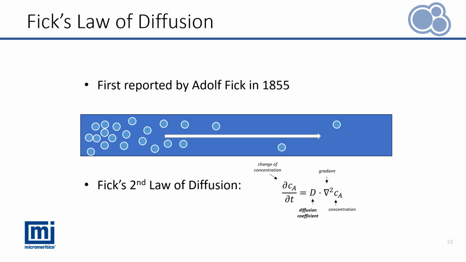The partial differential equation from Fick's second law allows us to calculate the diffusion coefficient when we have information of uptake against time. There are several solutions to this partial differential equation depending on the shape of the particle, either spherical or slab.